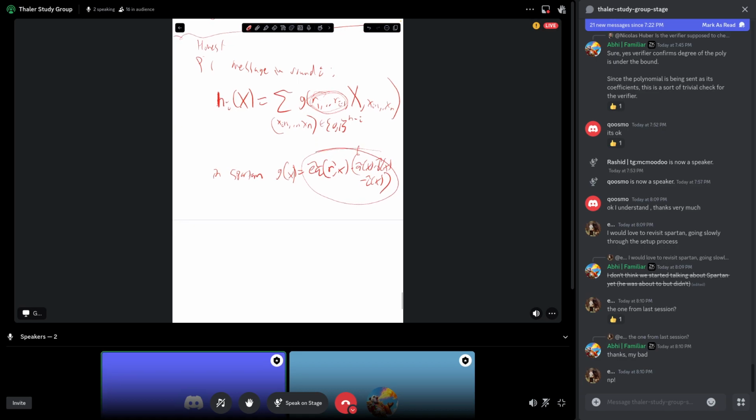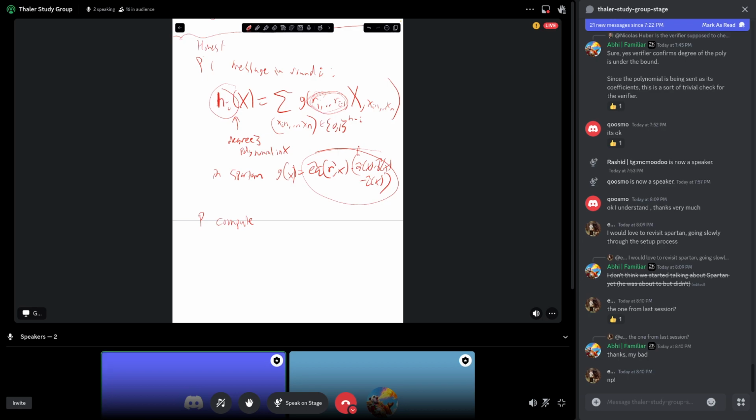What is the natural way for the prover to compute H_i(X)? Again, this is a degree 3 polynomial in one variable. The natural way to do it is to evaluate H_i at 4 points.